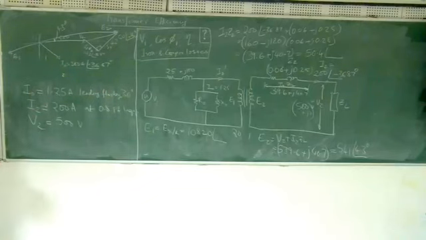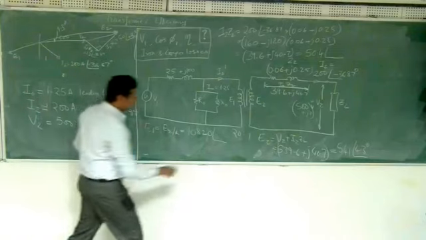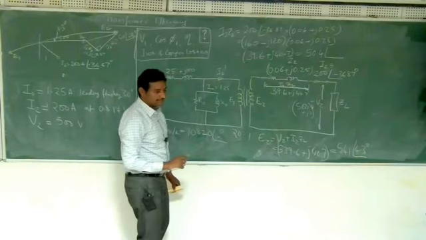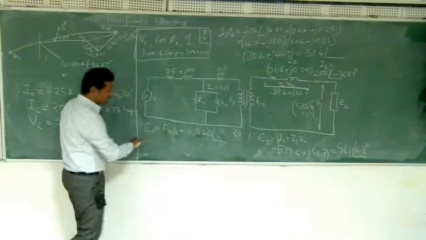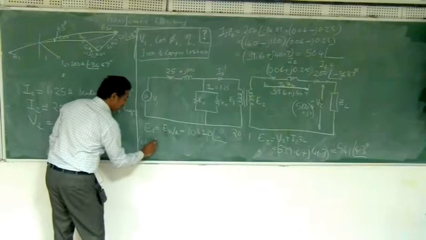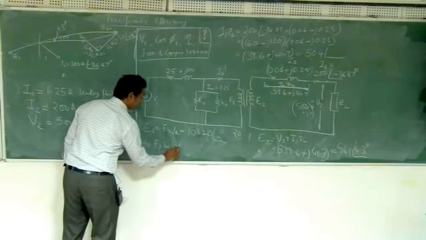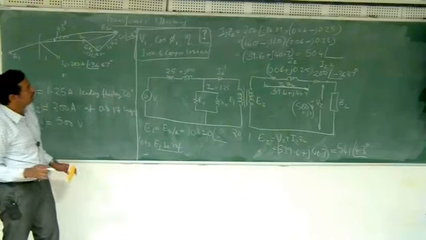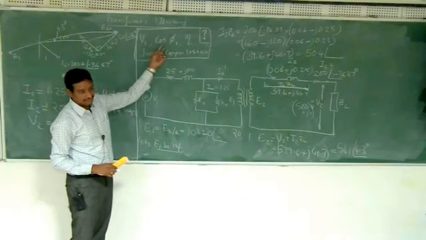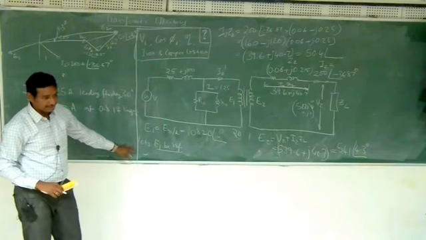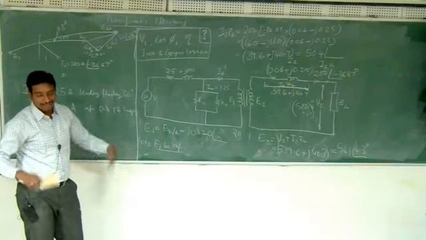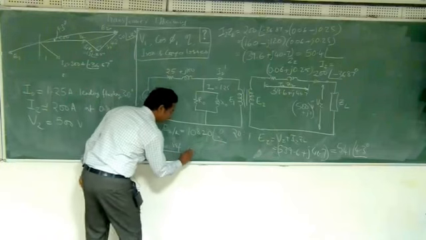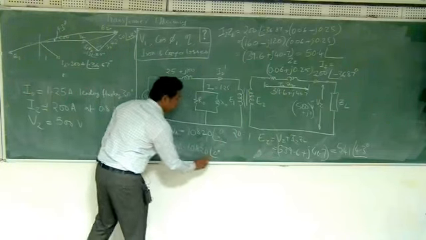To avoid all this confusion, I can draw a fresh reference now. Some angle will be there; I just put a question mark. I now change the reference to E1. Let E1 be the reference, because I am interested only in the V1 magnitude and angle. If I change the reference to E1, it will make your life easier. So I write 10820 at 0 degrees.